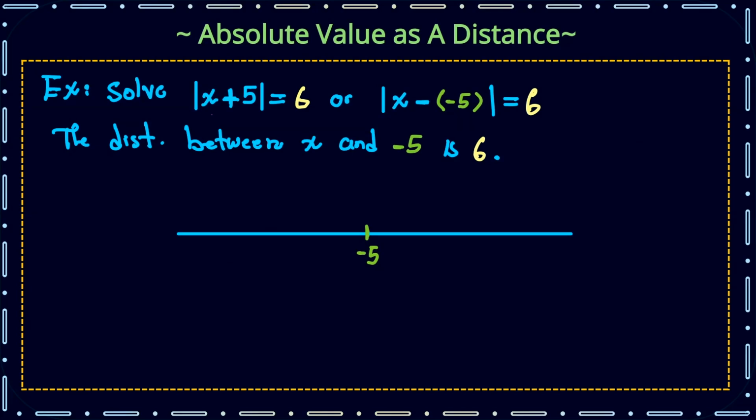We want a number x that is 6 steps away from negative 5. Go away by 6 steps from this center. 1, 2, 3, 4, 5, 6. Let's see what we get. That's negative 4, negative 3, negative 2, negative 1, 0, 1.